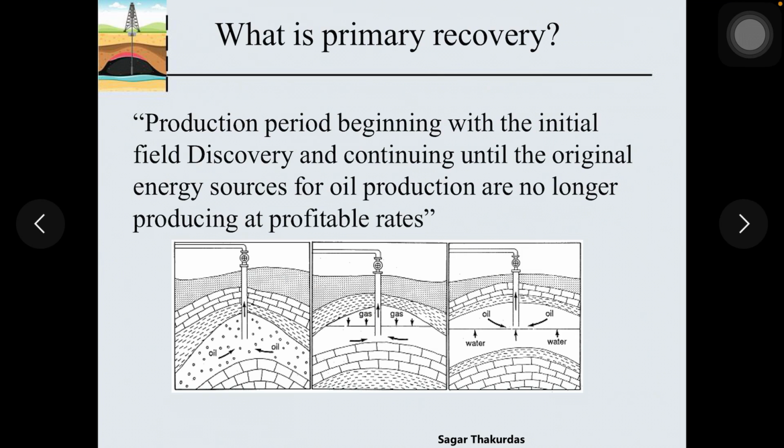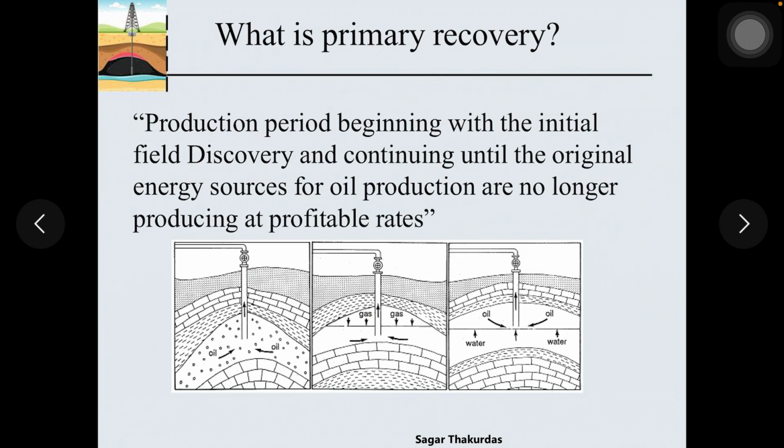Primary recovery begins from the time when you puncture the reservoir for the first time, and at that particular moment, the reservoir pressure is highest and you start producing naturally. The oil and gas will flow into the wellbore and from the wellbore to the surface as a result of high pressure or the release of high pressure. And for a certain period of time, you can produce without applying any external source of energy.